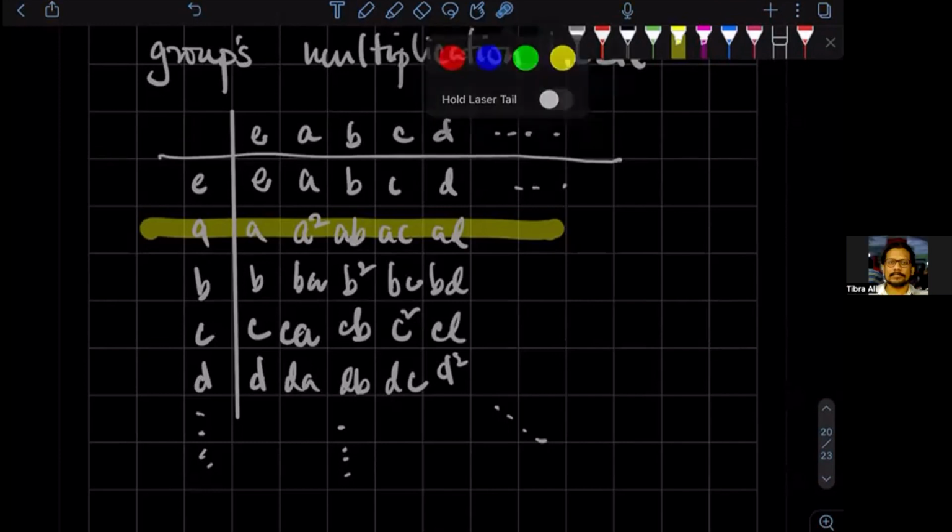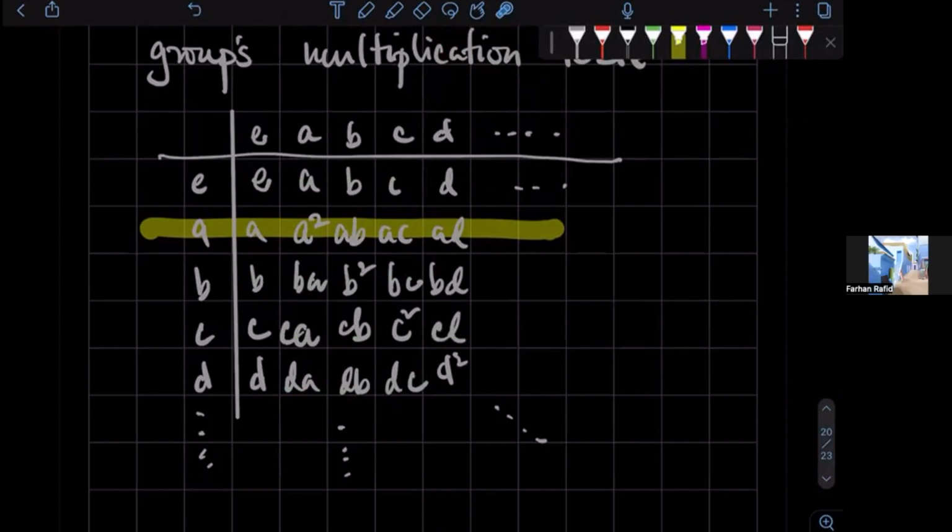So you see that what we have proved here is that every column and row is unique, right? Yes, sir. So another way of saying that would be every row is a unique permutation of the first row. Each of these elements can be thought of as a permutation of the first row.